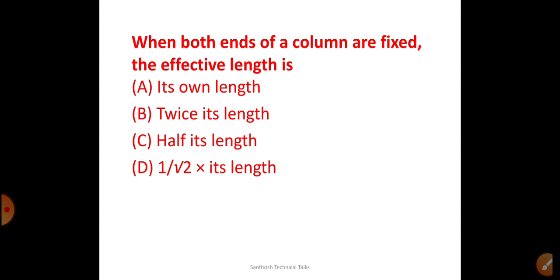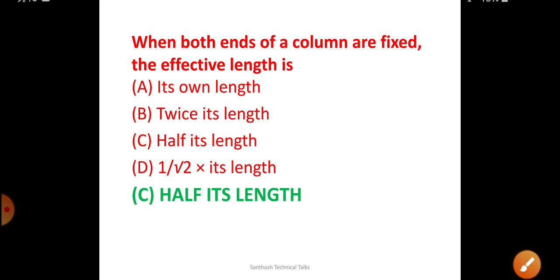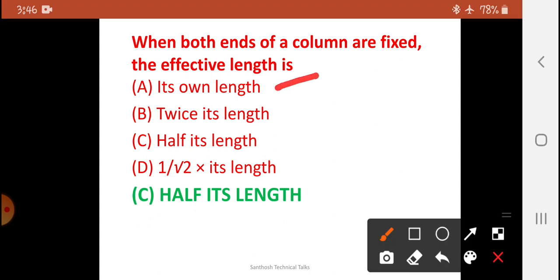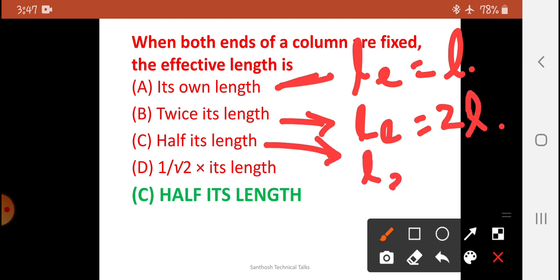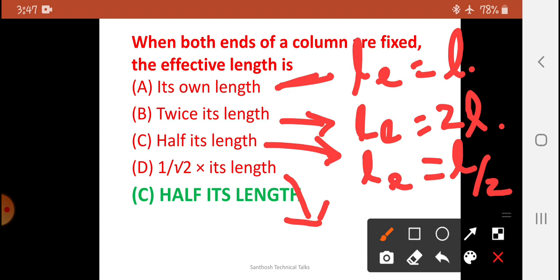And next, a very superb question. If both ends of the column are fixed, the effective length is half of its length. Let me explain. If both ends of the column are hinged, then the effective length LE is equal to L. One end fixed and another end free means LE is equal to 2 times L. If both ends are fixed, the effective length is equal to L by 2, and if one end is fixed and another end is hinged, then LE is equal to L by root 2.